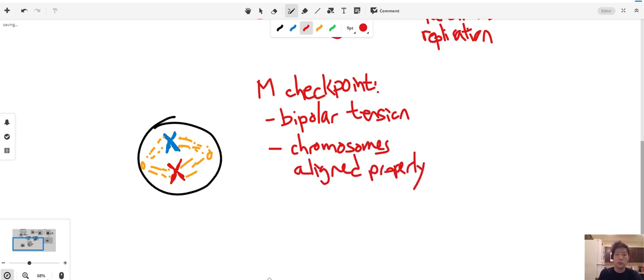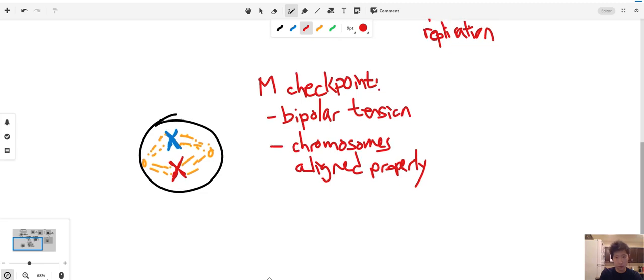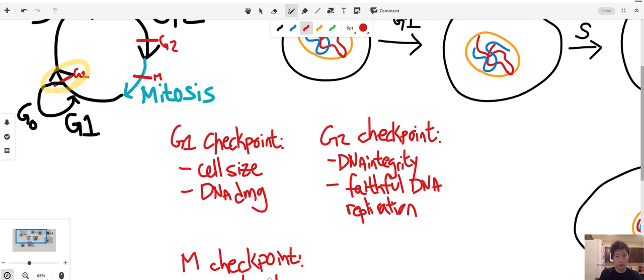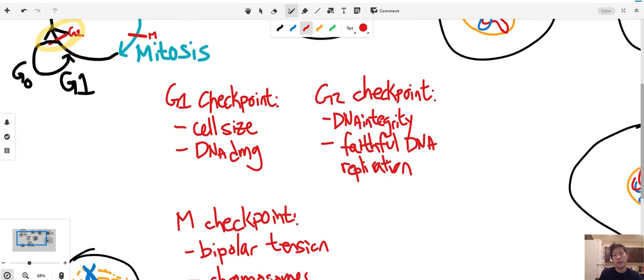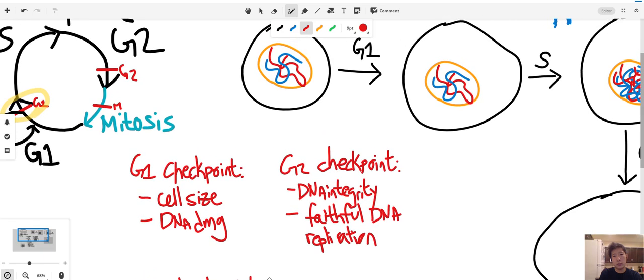So what the cell actually does is it checks for this bipolar tension, and it makes sure that it is even before it gives a signal to initiate anaphase, okay? So after that, then you have anaphase, and then telophase and cytokinesis, and you end up with two new daughter cells that are identical.